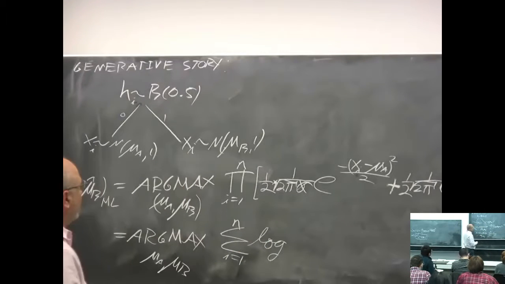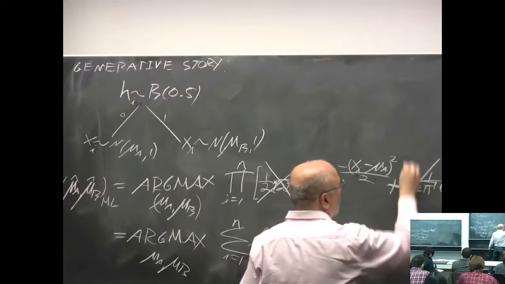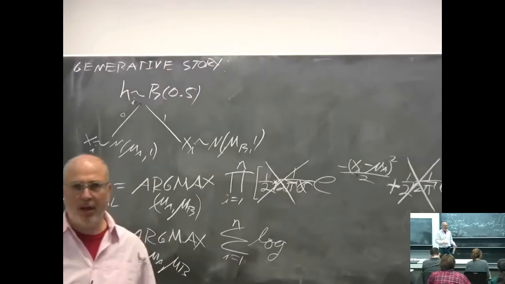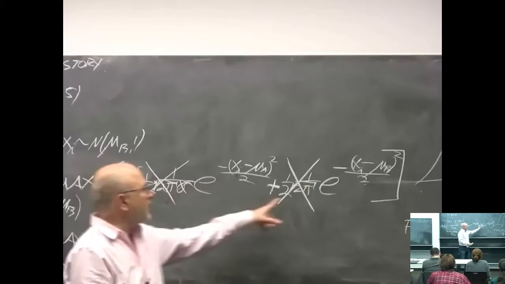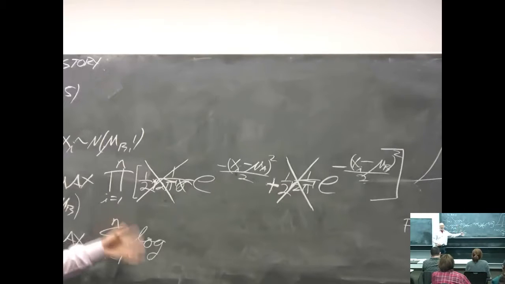Should I have gotten rid of something first? I could get rid of all of this, because these are constants. 1/2 and 1 over square root of 2 pi. They're constants and they're the same constants, so we can take them out of the summation and take them out of the maximization. They involve no mu A and mu B. So in this very simple case, I can just be left with this.